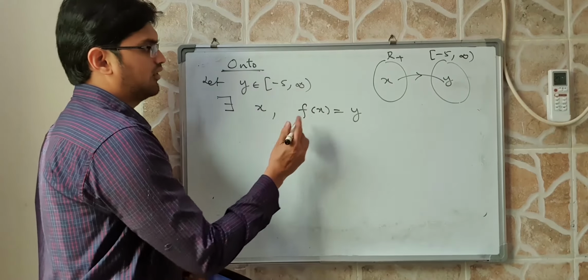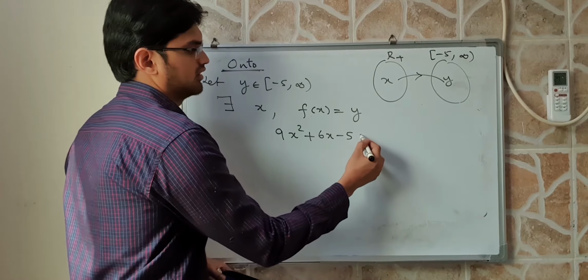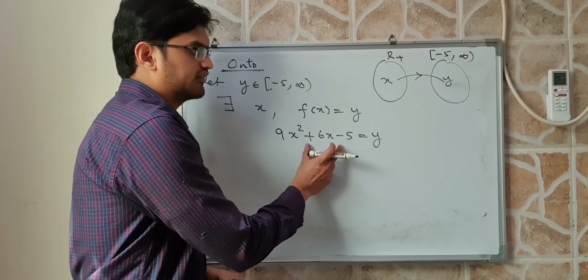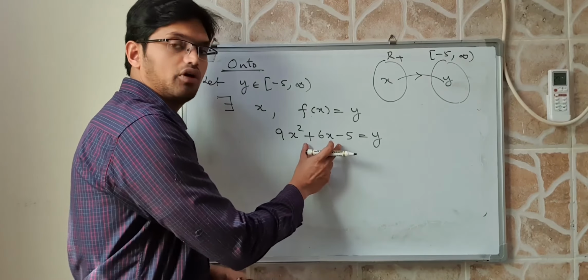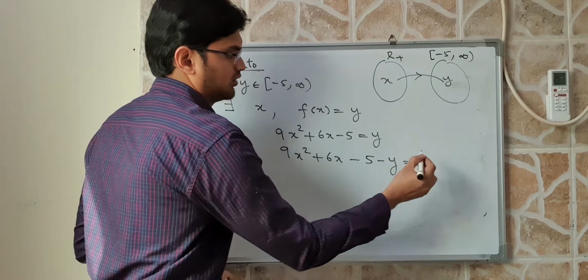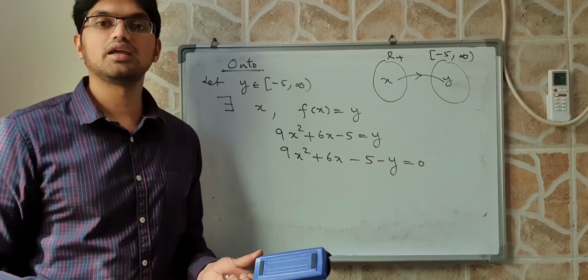Then what is f of x? 9x squared plus 6x minus 5 equal to y. Now let us try to solve this for x. So 9x squared plus 6x minus 5 minus y equal to 0. You have remembered this is a quadratic equation.